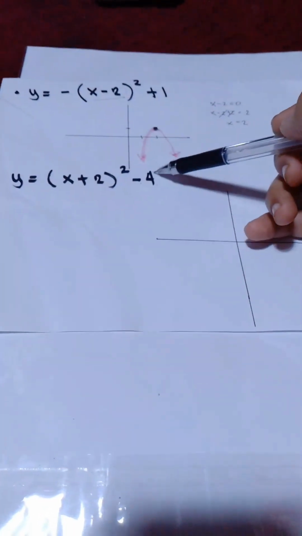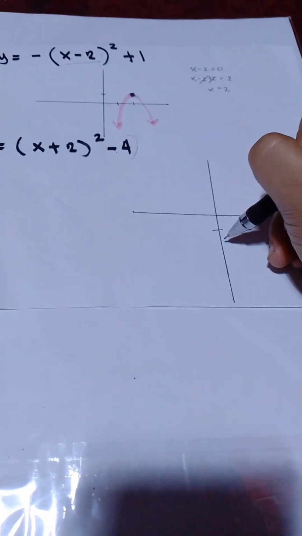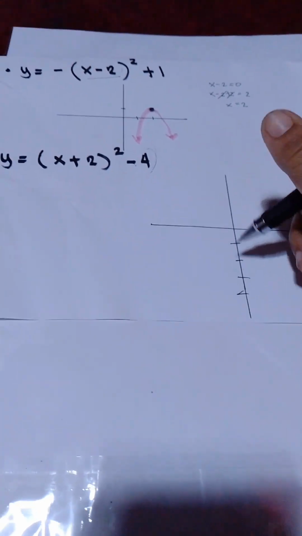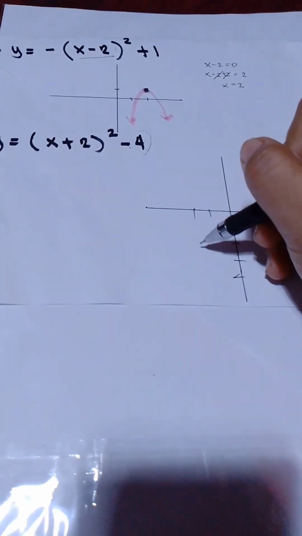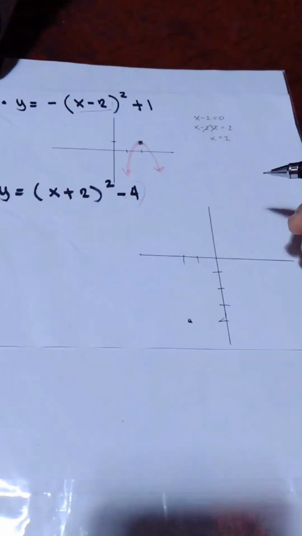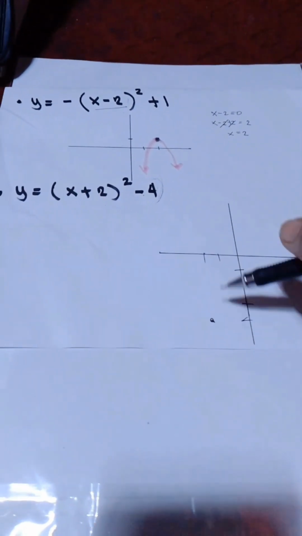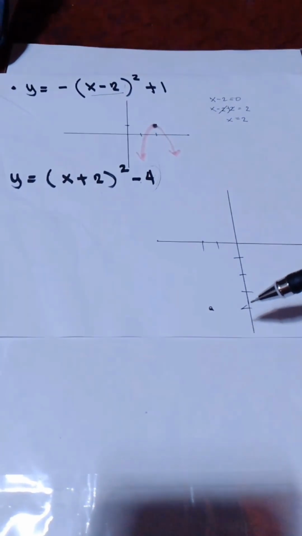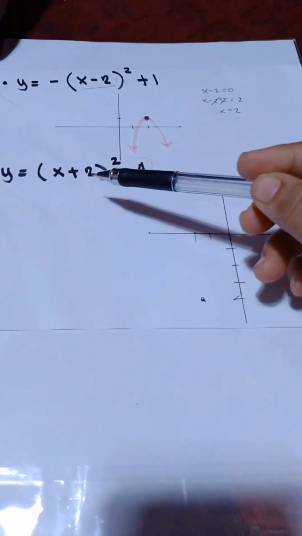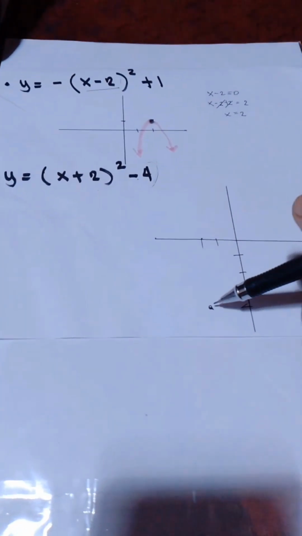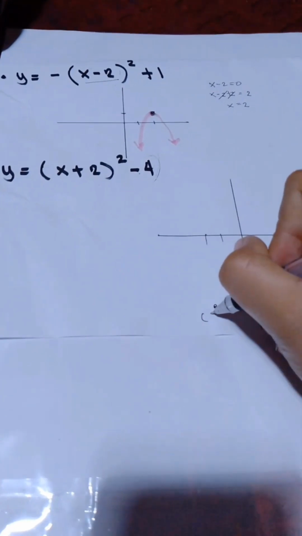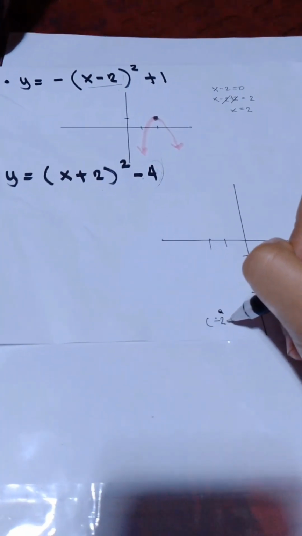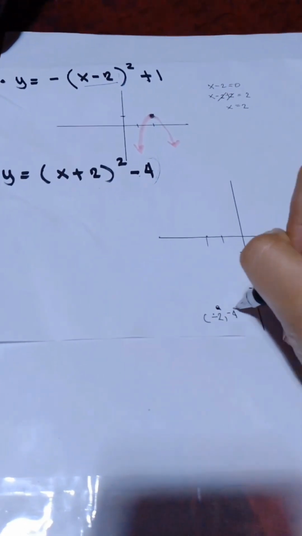Next, you have another example, y equals x plus 2 squared minus 4. Since the other side is negative 4, we're going downward by 4: 2, 3, 4, and then going to the left by 2. So we have 1, 2. Your vertex will be located 4 downward and 2 to the left, at negative 2, negative 4.